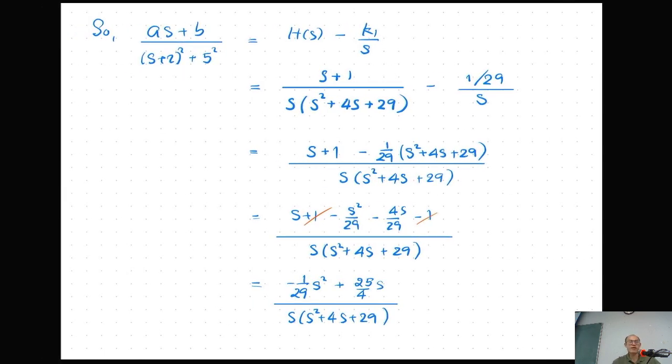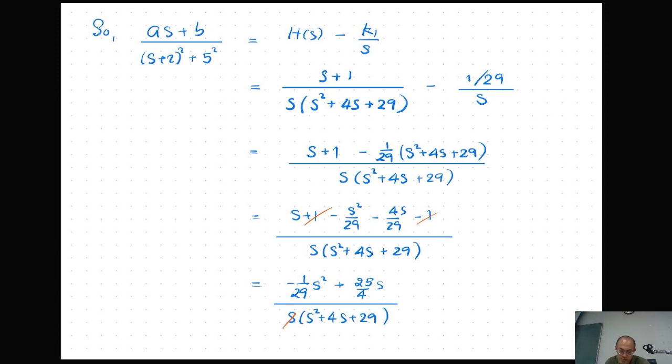Okay, now you see where I'm going, right? So at this point, we know that the denominators are the same. They have the same denominator. But I could cancel s out here.